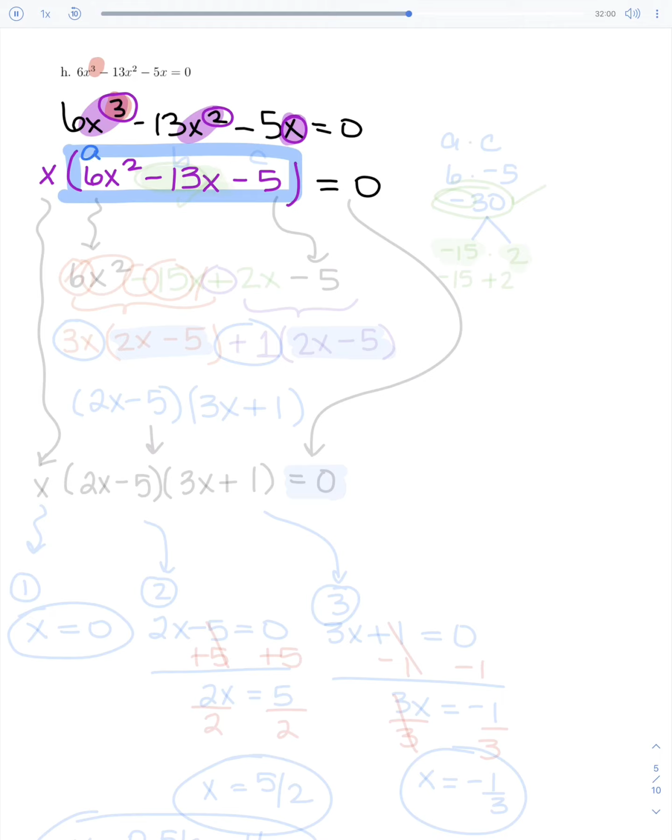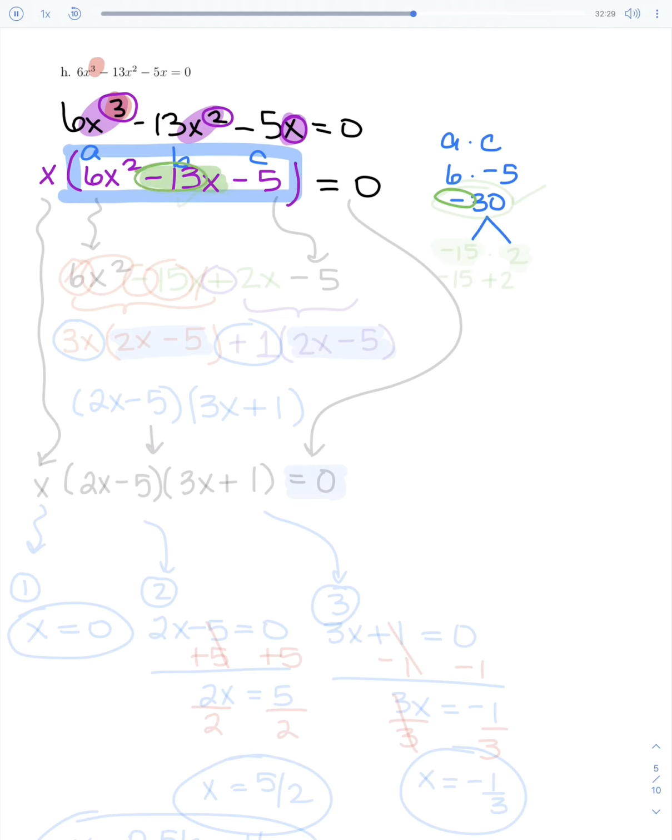We have an A, a B, and a C. So doing our AC method would be 6 times negative 5, which is negative 30. And we would need two factors of negative 30 that add up to the middle term, which is negative 13. Remember, to get two things to multiply together to be negative, one needs to be negative and one needs to be positive.